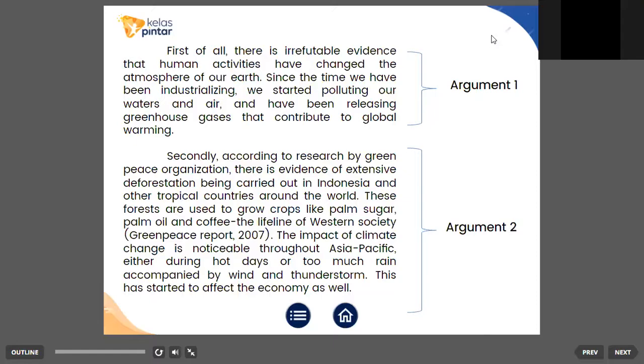Greenpeace Report 2007. The impact of climate change is noticeable throughout Asia Pacific, either during hot days or too much rain accompanied by wind and thunderstorm. This has started to affect the economy as well.